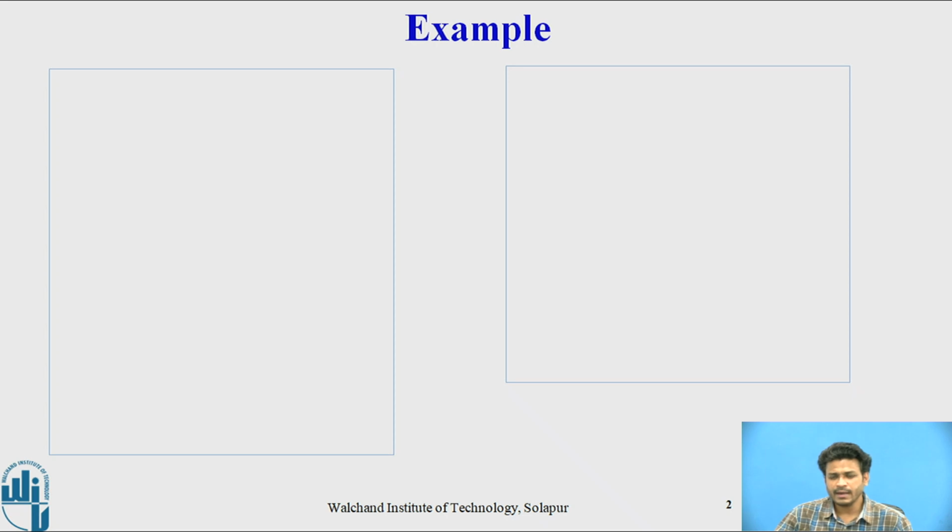And let's consider both base classes, parent classes, have the same function, let's say, display. And when your child class calls the display function, then the compiler will get confused.